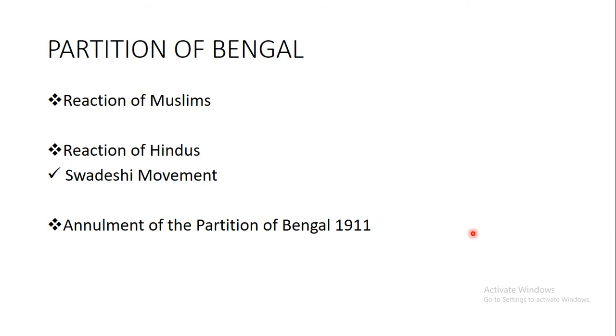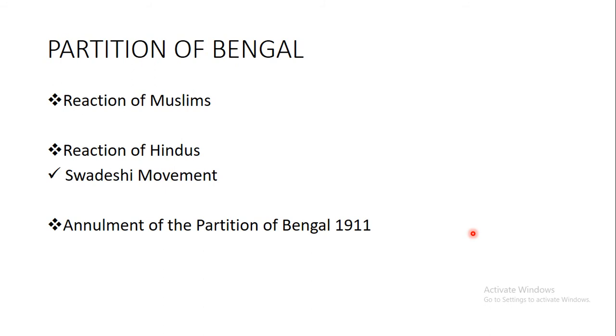The Hindus could never support a move which was to bring prosperity and happiness to the Muslims. So they launched an extensive movement against the partition of Bengal and against the British government, and they gave a religious color to the agitation and to the partition.